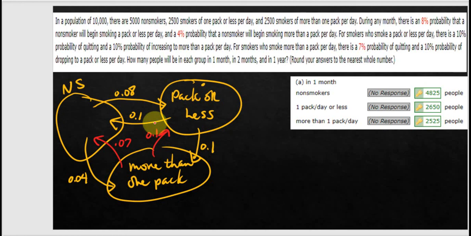The key is building the transition matrix, and basically after that you're done. So we got the non-smokers. I'm just going to say 1 for one pack or less, and then here, more than 1, I'm just going to say mo.